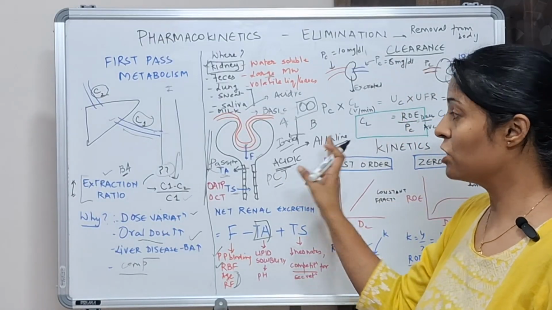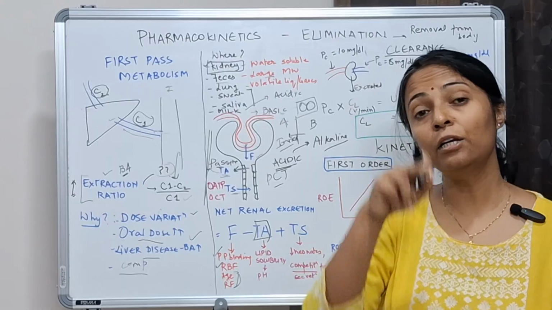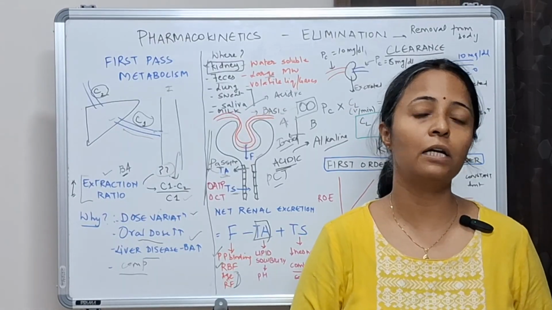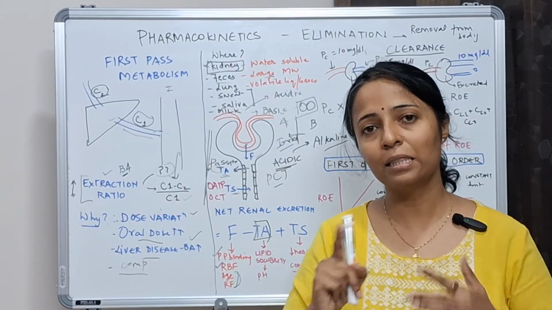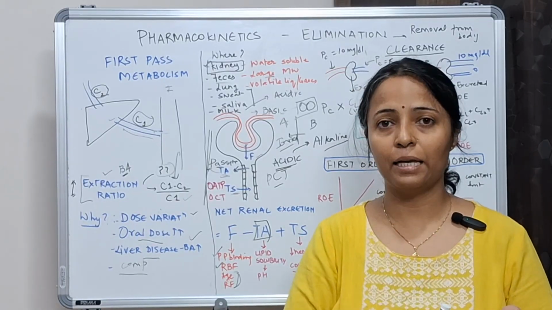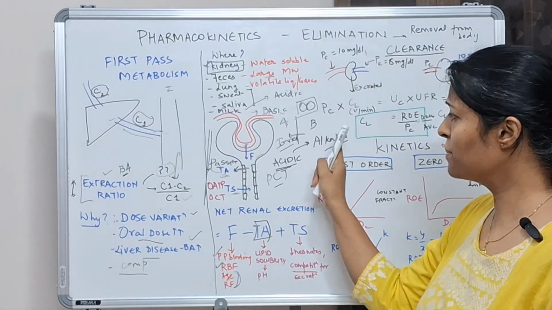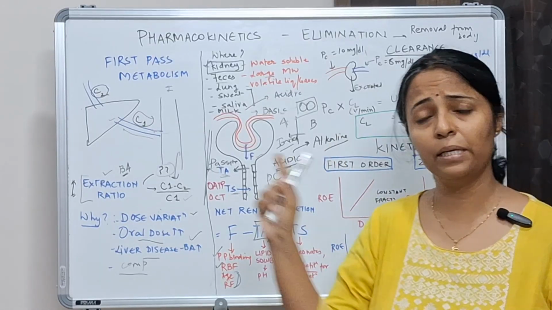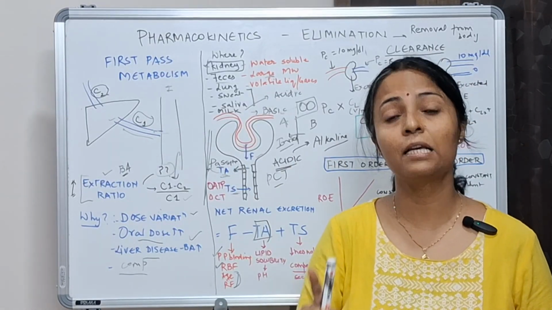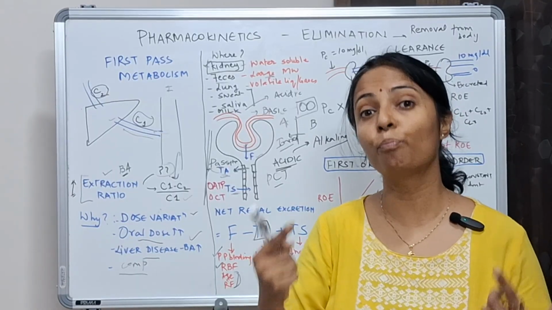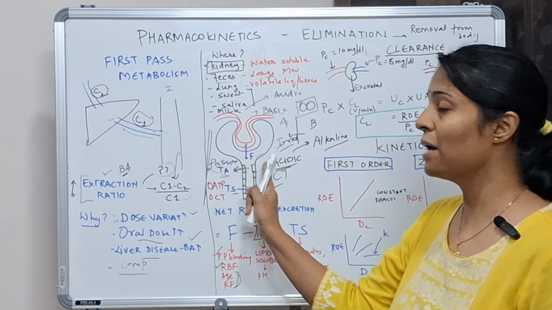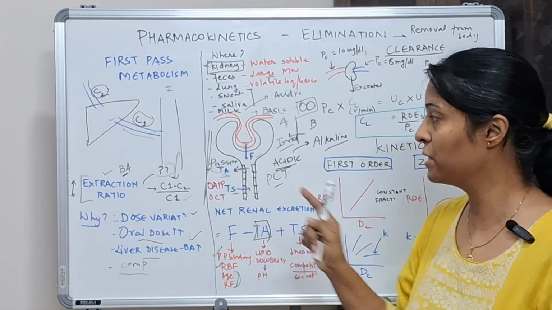In that case we are changing the pH of the urine, and in drug transport mechanisms we have read that like is absorbed in like medium, because there is less ionization. Here it is the opposite medium: acidic drug, alkaline urine pH. So in this case there will be more ionization. Ionization means it becomes more polar, and hence it will be reabsorbed less from the tubules.